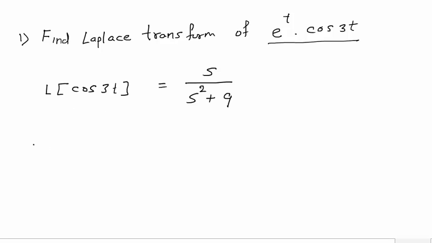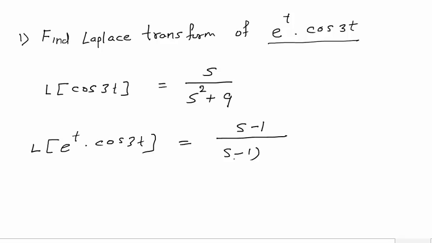In this case, Laplace of e raised to t into cos 3t, we will write as s replaced by s minus a, so s minus 1. In the denominator also s is replaced by s minus 1, so s minus 1 the whole square plus 9.